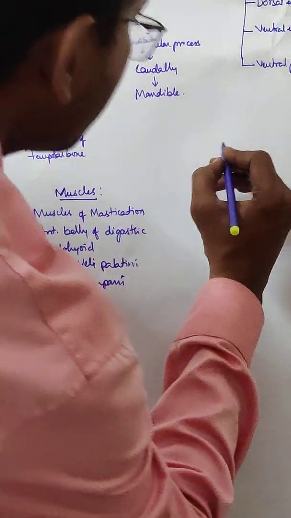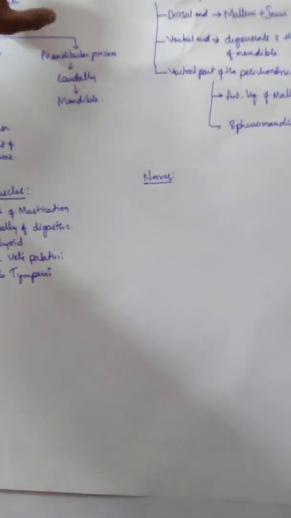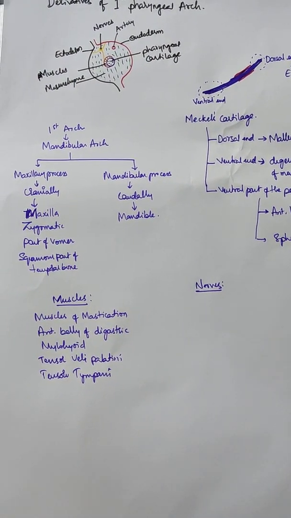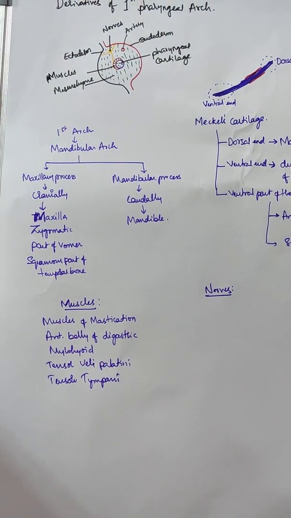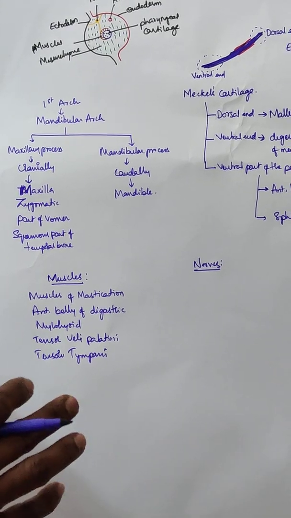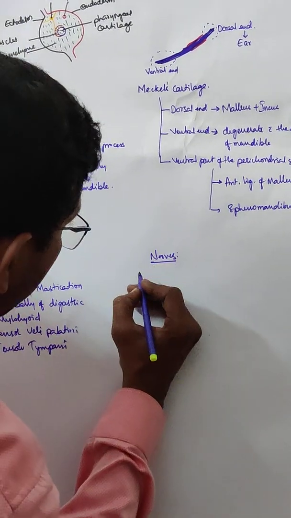Coming to the nerves, if you take the nerves which are derived from the first pharyngeal arch, you can see 1, 2, 3. There will be two types of nerves called the post-trematic nerves and the pre-trematic nerves. The first pharyngeal arch is the only arch which will have both the post-trematic and the pre-trematic nerves, while all other arches will have only the post-trematic branches.